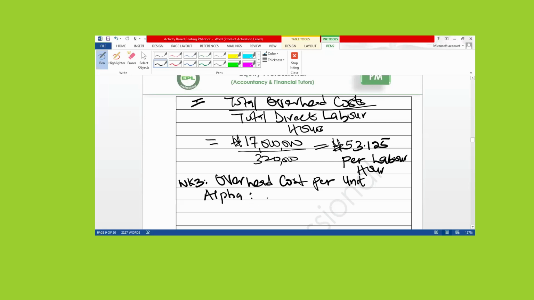To produce 1 unit of alpha, we require 10 hours of labor. And we are going to absorb at the rate of 53 naira 0.125 per labor hour, multiplied by 53.125. You go to beta. Labor hour here is 8 hours at a rate of 53.